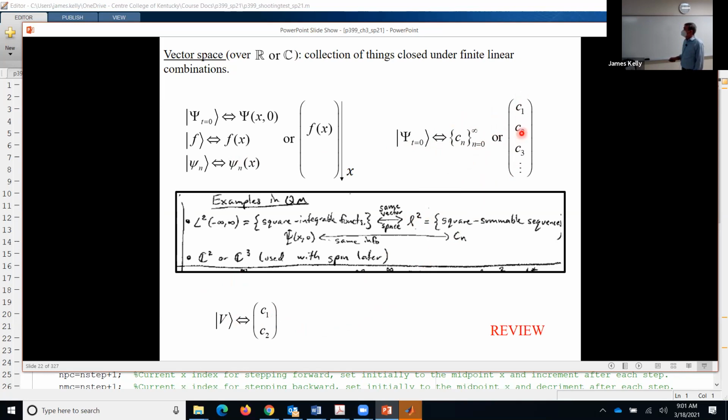But I just wanted to remind you that we have this way of thinking of vectors as column vectors, and all 3 of these we can think of as column vectors. Little L2 has an infinite number of components in the column vector, and for capital L2 we're talking about a continuous collection of components, one for each x value. Think of the value of the function at each x as the component at that x.